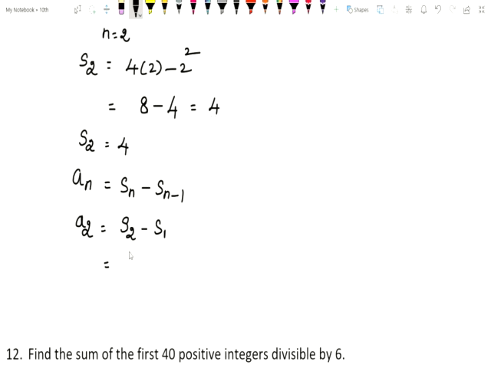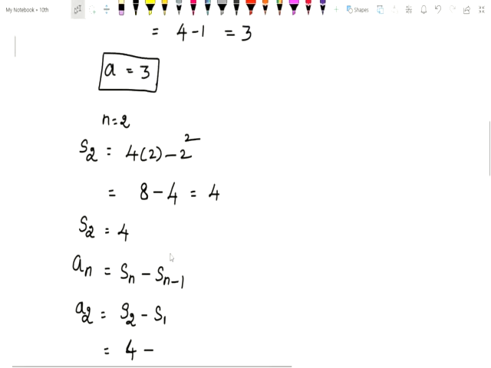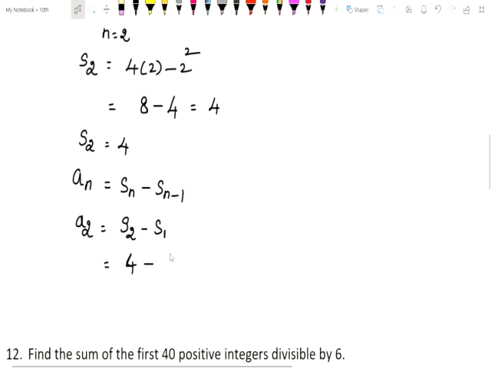Sum of the first two terms is 4, minus what is the S1 value? S1 you found first, no? What is the S1? 3. So substitute here, 4 minus 3 will get 1. So A2 equal to 1. So this is the second term.